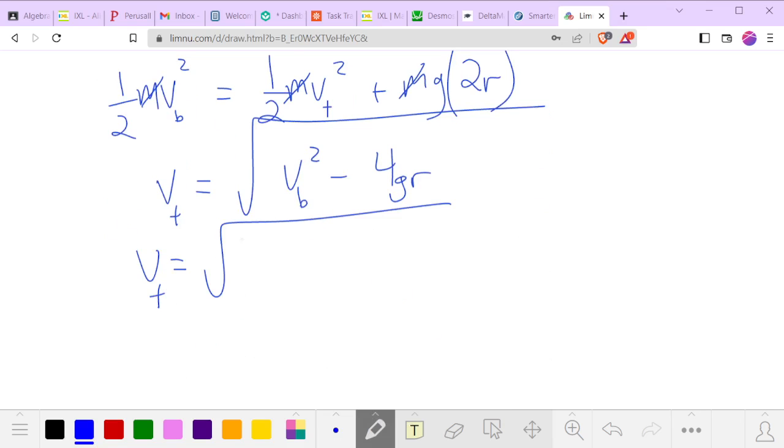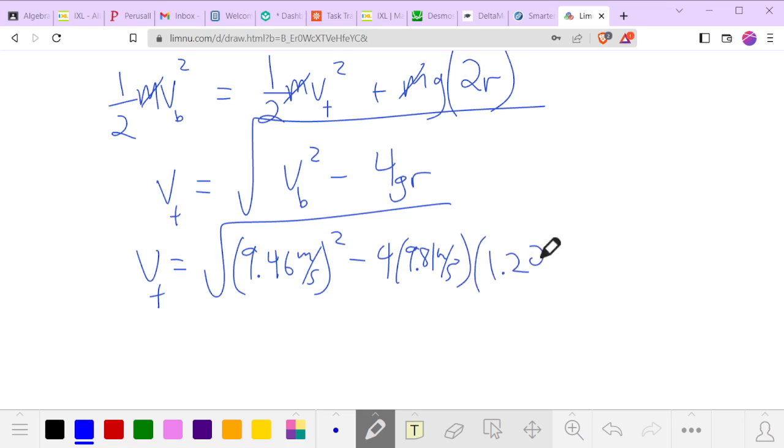So this is the square root of the velocity at the bottom, which was 9.46 meters per second, squared, minus 4 times our 9.81 meters per second squared, times the radius of 1.2 meters.